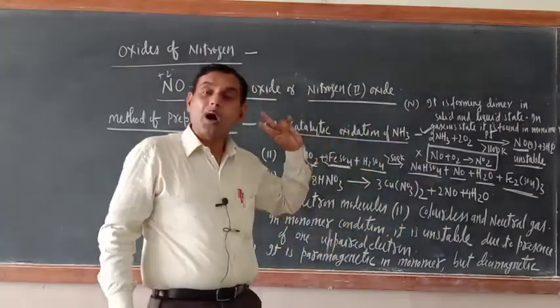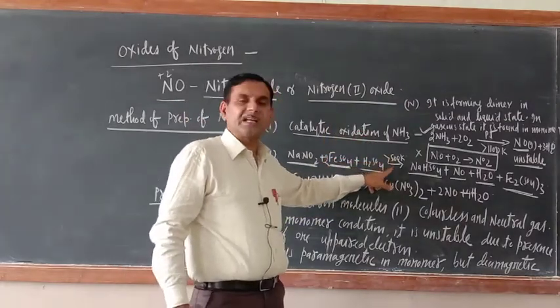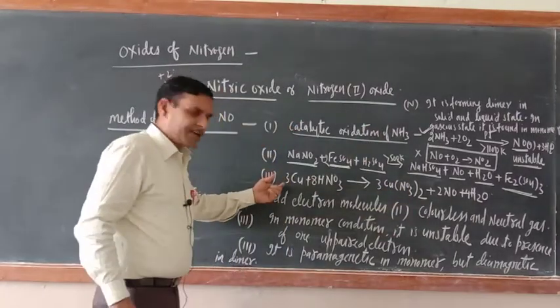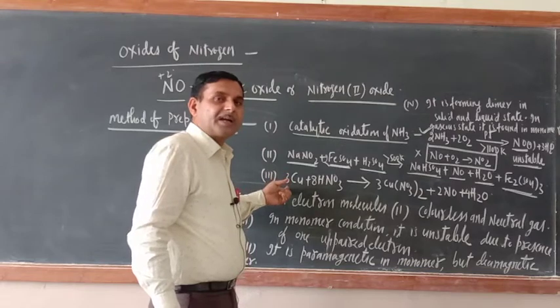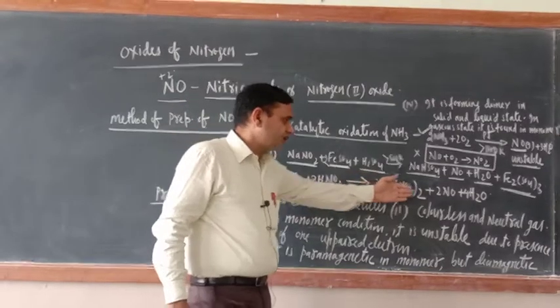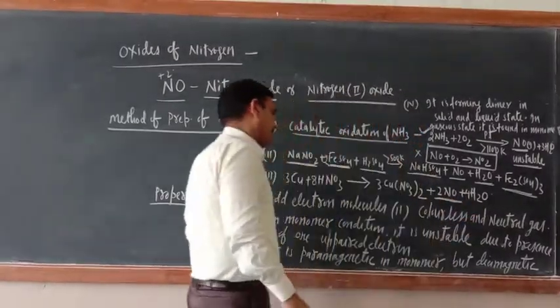That is why, to avoid the formation of Na2SO4, the temperature must be less than 500 Kelvin. One more reaction is there: when copper turnings react with HNO3, nitric oxide is also formed.